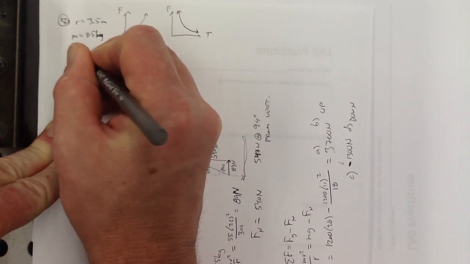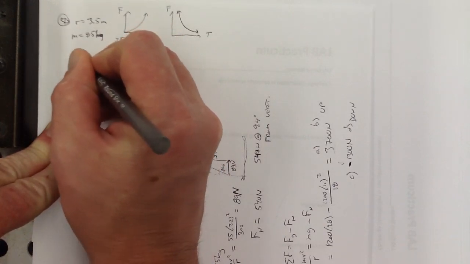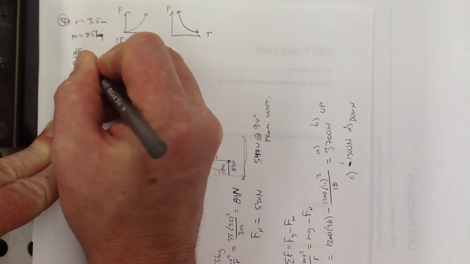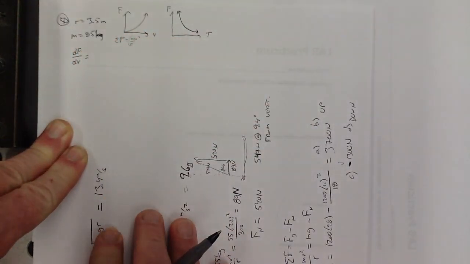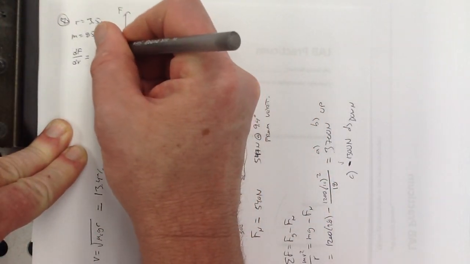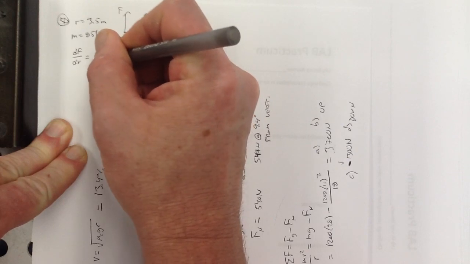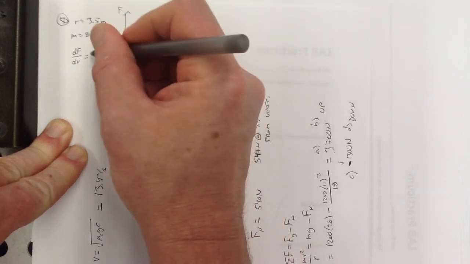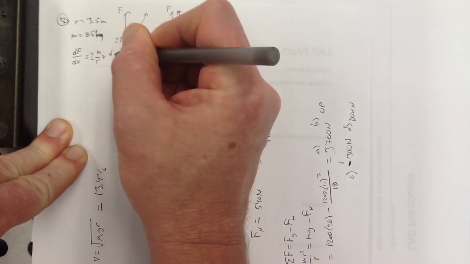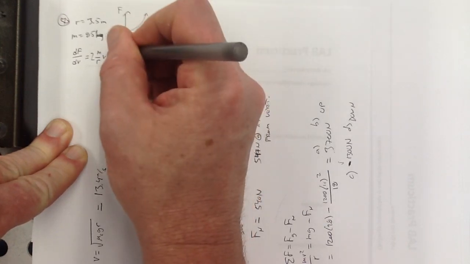Well, so dF/dv is equal to 2m over r times v, and that would be it.